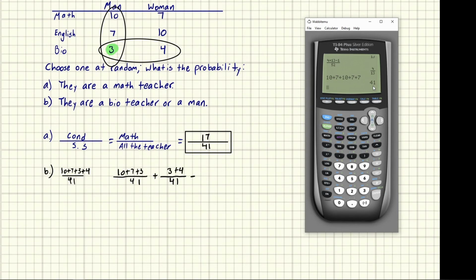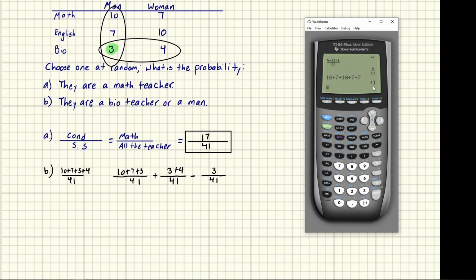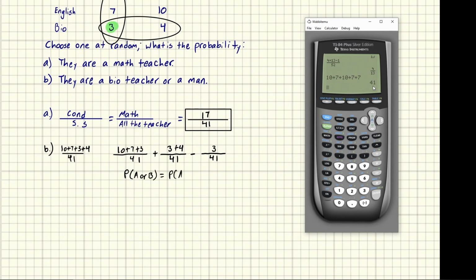And then you subtract off the probability that they're a biology teacher and a man. And that would be the 3. So there's that minus 3 that we just decided not to count in the first place. And it winds up producing this same equation. And this follows directly from the probability of A or B. If you remember the rule, it is the probability of A plus the probability of B minus the probability of A and B. And that's just so that we don't count the overlapping area twice.